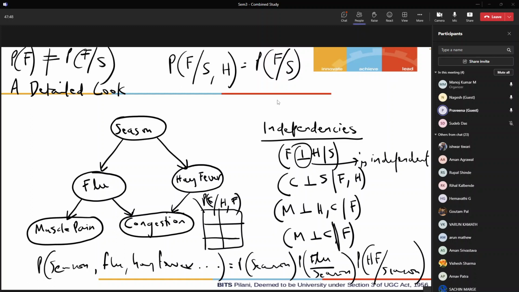From the data set, I would have had to calculate the dependency of flu on season, hay fever on flu, all kinds of things. So much calculation we can eliminate.